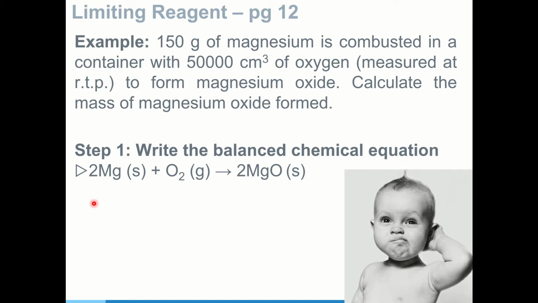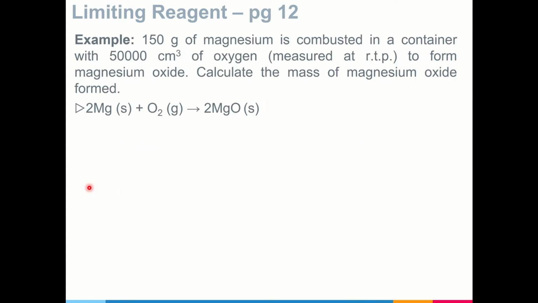First of all, always write down the balanced equation. They tell you that magnesium is combusted. Combusted means you react with oxygen and you form magnesium oxide. So this is the balanced equation, with all the reactants and products balanced properly, and you can get the mole ratio.